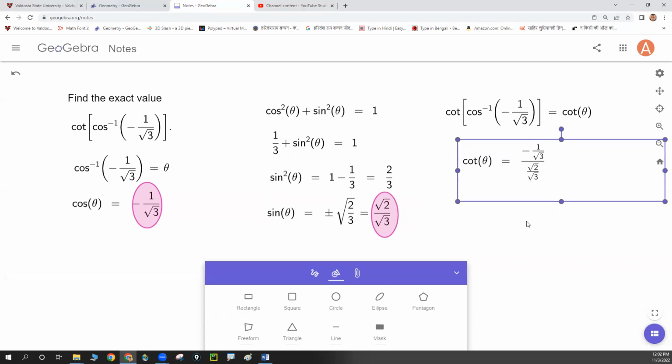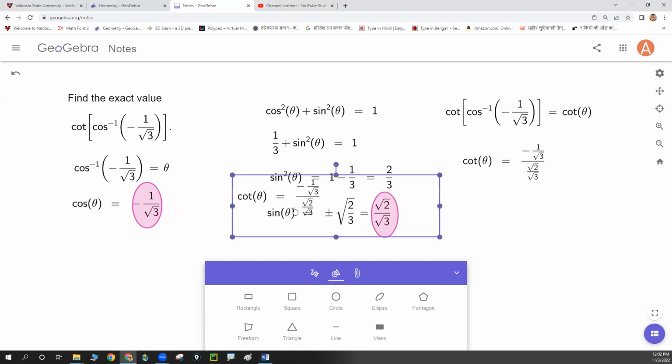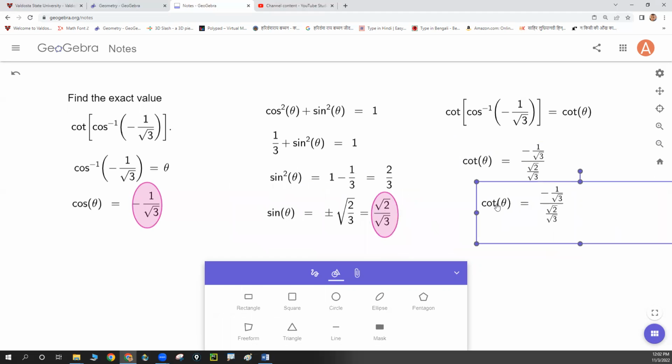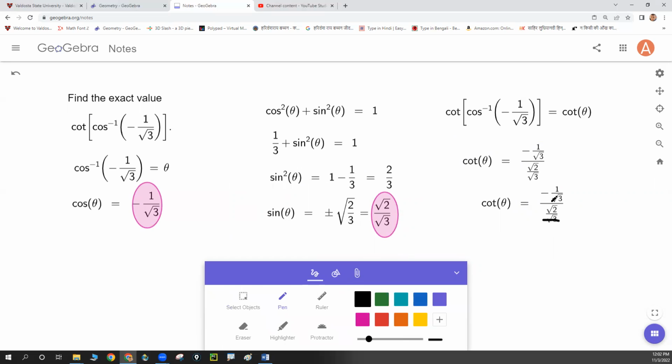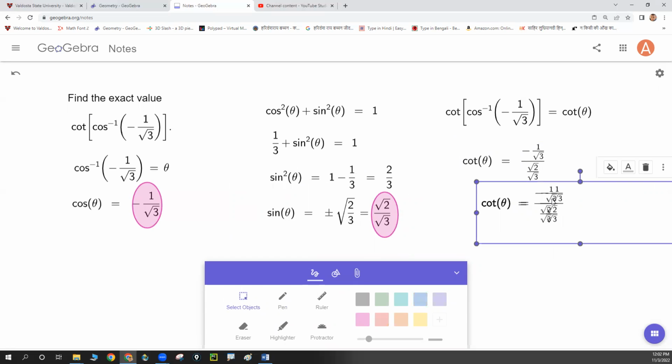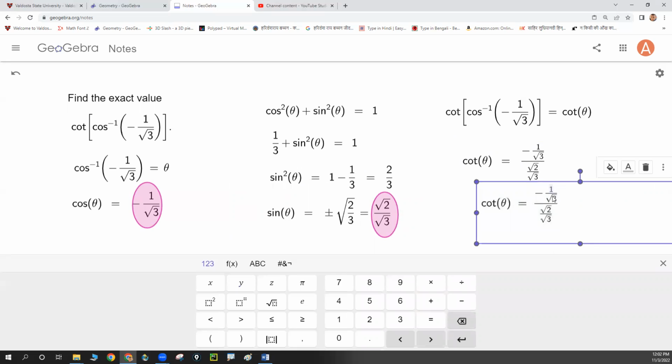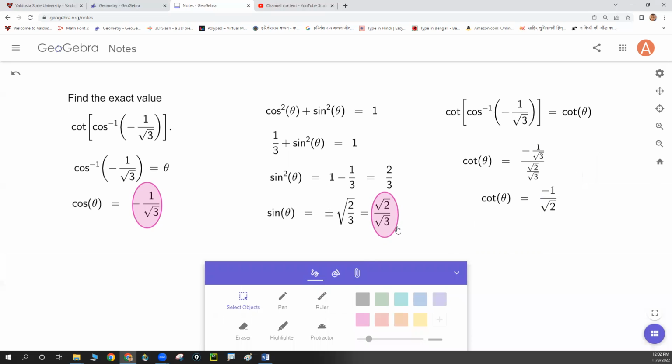What happens then? I have to cancel a few things. I can cancel this with this, and my answer will be negative 1 over square root of 2. Negative 1 over square root of 2. That's what I'm going to write. Done. That's my answer.